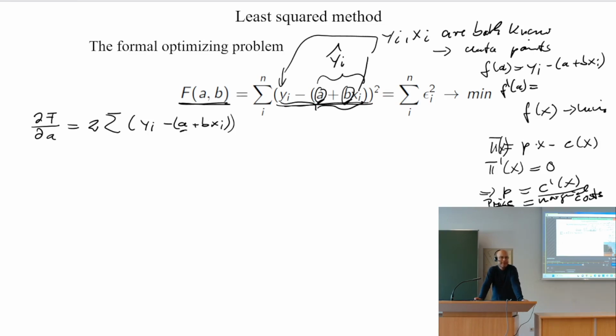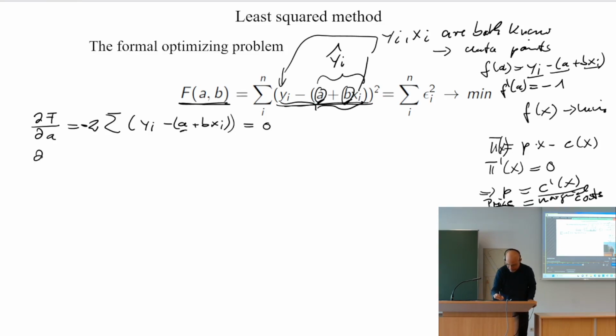Yep, minus 1, nothing else, because xi is a fixed number for you, so you just have to calculate the derivative of minus a. So this is minus 1. So I put this minus sign just in front, so we have this condition has to be 0.